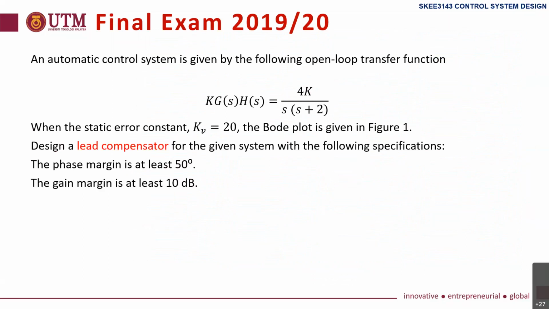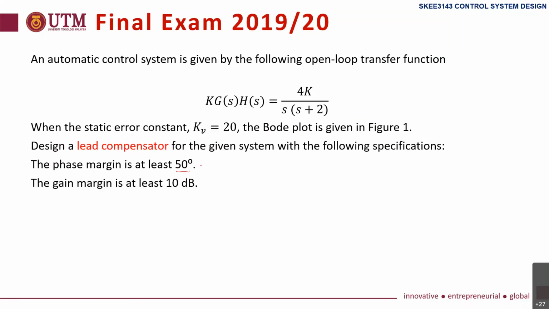Design a lead compensator for the system. These are the requirements. The phase margin is 50 degrees. Again, here it is given directly as 50 degrees. Sometimes, as I mentioned, it is described by a phase margin, damping ratio, and also sometimes by the overshoot.